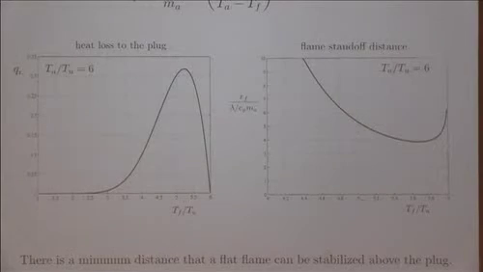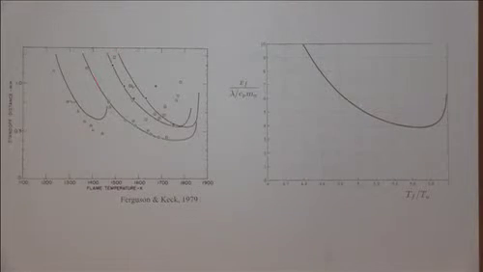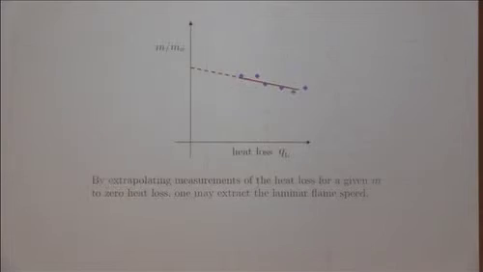In fact, they wrote an empirical relation from their experimental data which is very similar to this. The experimental results show again that there is a minimum distance below which the flame will not be sustained in this burner. And this is the calculated value from the asymptotic solution that I have just shown you.